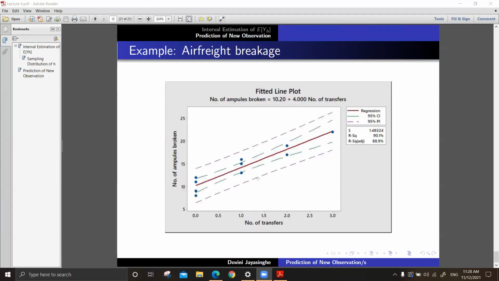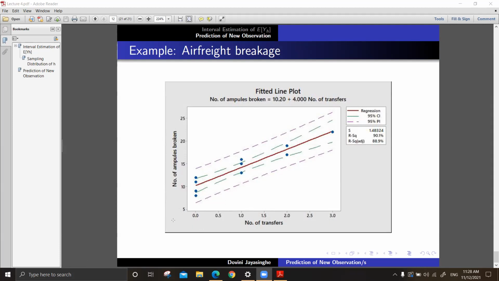So here is the graphical representation. The red solid line gives you the regression line, and the green line gives you the 95% confidence interval, so basically the confidence band. And this line gives you the 95% prediction interval, basically the prediction band. You don't have to copy that down. This is for the ampule cartoon example.